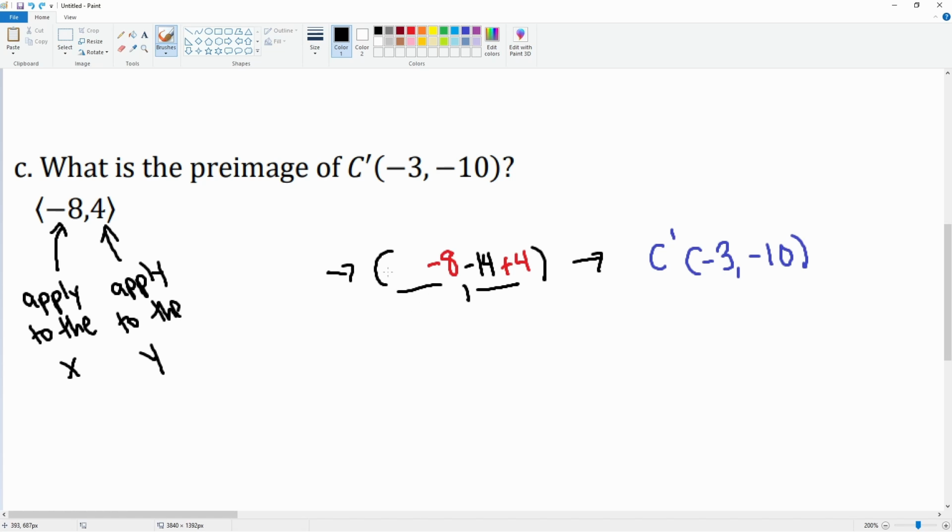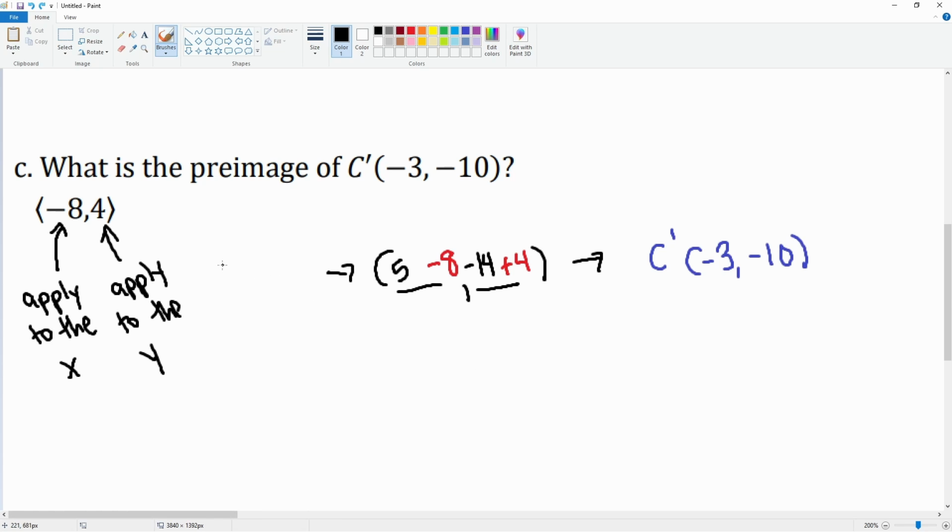What about 5? 5 minus 8, yes, that is -3. Perfect. So you could think about some algebra or just work backwards. -14 plus 4 gets you -10. So that's correct.